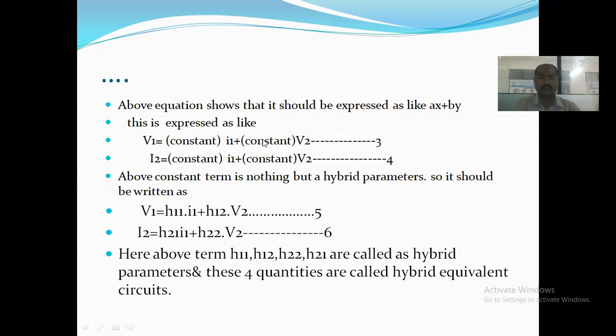This term is related to the input, that's why H1 is the same, but with respect to voltage V2, this is H12. So the equation is H11 I1 plus H12 V2, right? Did you understand how this came?